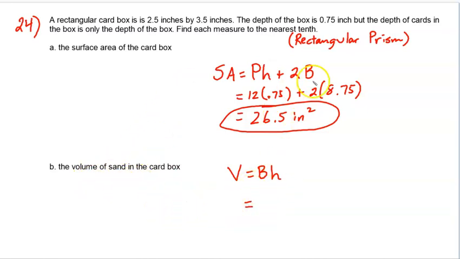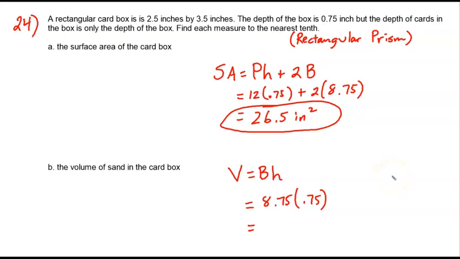All right, so once again, you know what the area of the base is. And then the height is 0.75. Multiply those together. So this product is 6.56.